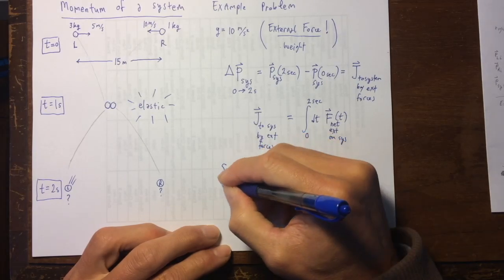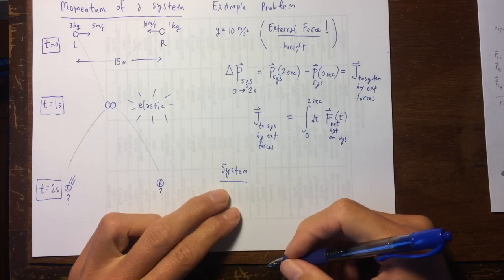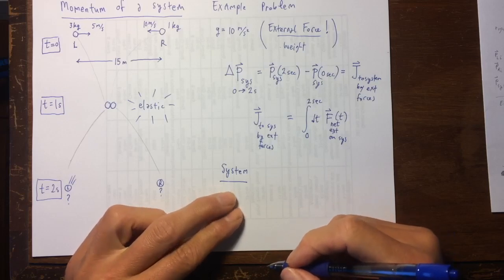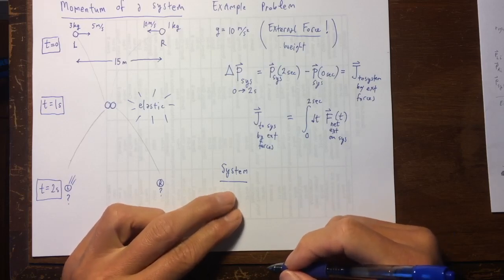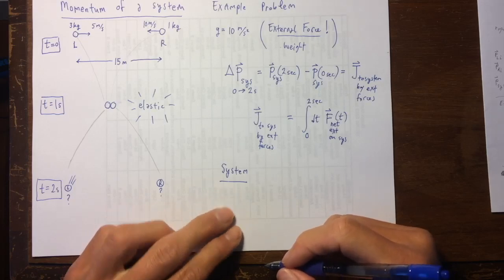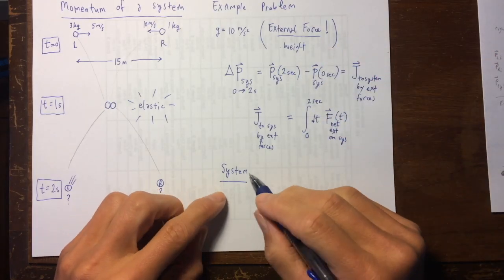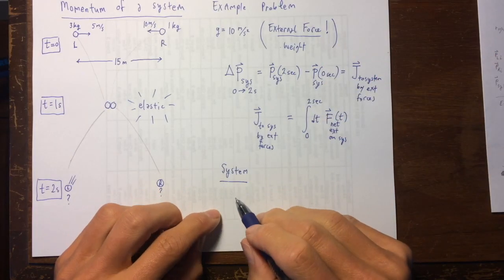Whenever I want to do anything with a system, and this is true for Newton's second law of motion, and it's true for energy, including the work energy theorem and also the conservation of total energy, and is also true for momentum stuff, the system is sort of the central idea.